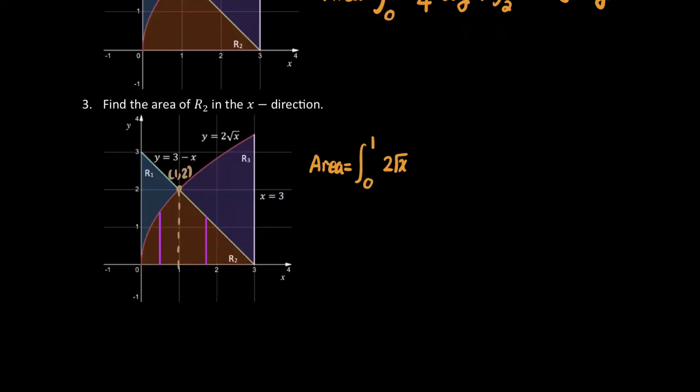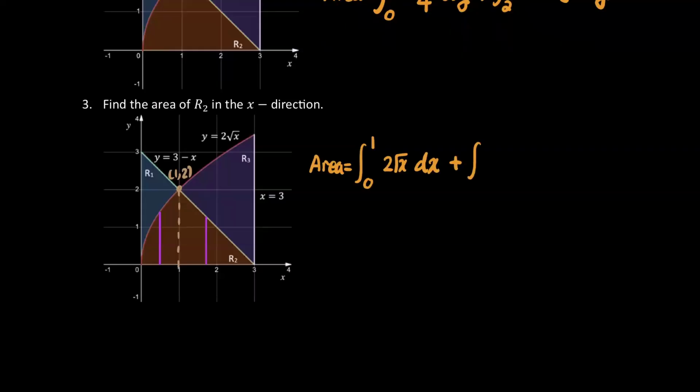Okay, it's just the typical definition, definite integral of the function on that interval. So it's the region bounded by the curve and the x-axis on the interval from 0 to 1. But you can also think of how you find the height, top minus the bottom. The top is 2 square root of x, the bottom y is 0, right? And we don't write minus 0.